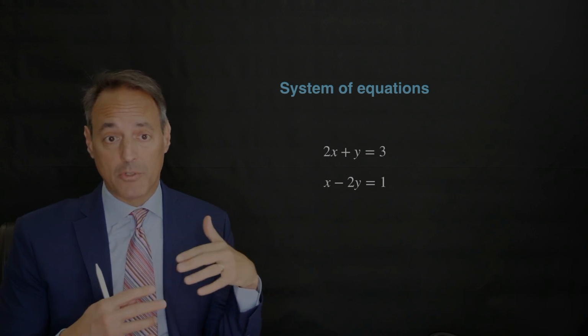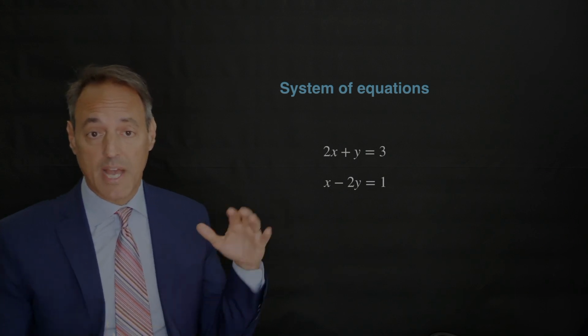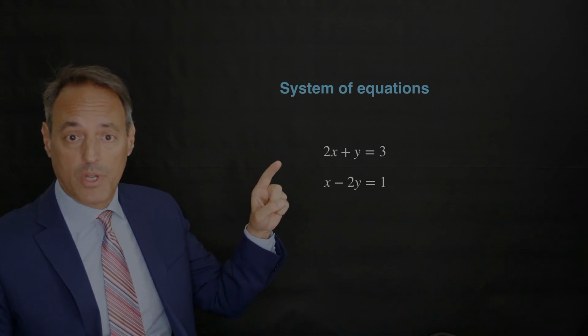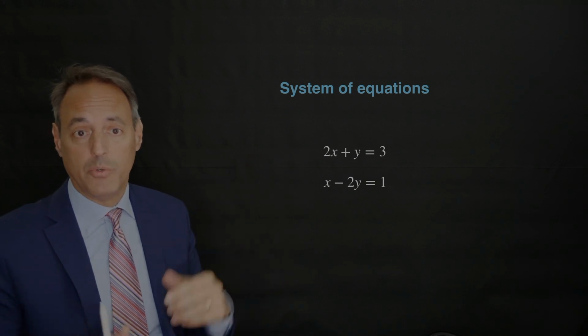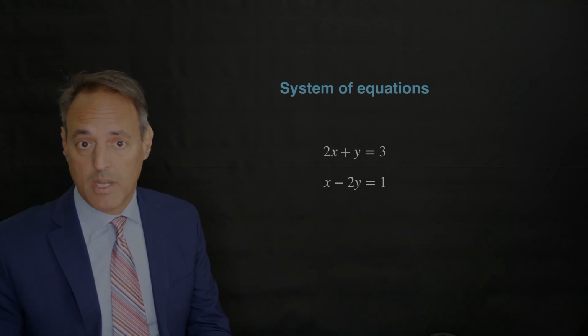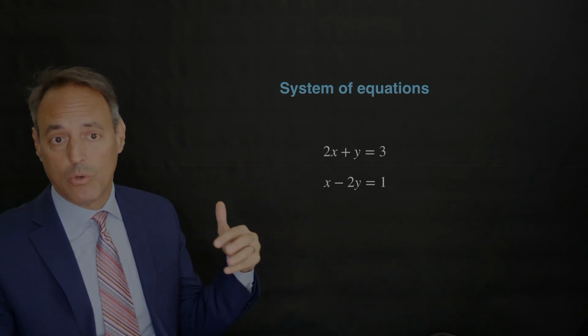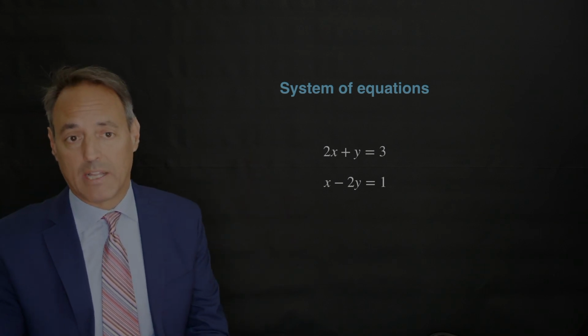Now I think a couple things we can maybe agree to is that I can take any one of these equations and for instance I could multiply the first equation both sides by 2 and it's still an equation. I could also add these equations or subtract these equations to get a new equation, and that's also a valid operation.